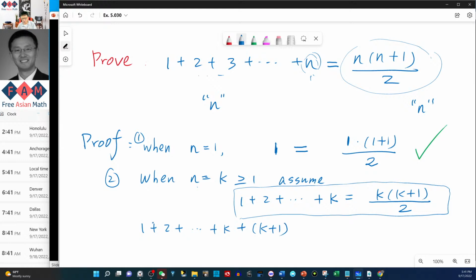We want to show when k is k plus 1, this will be equal to, and for now we don't know, so we put a question mark.